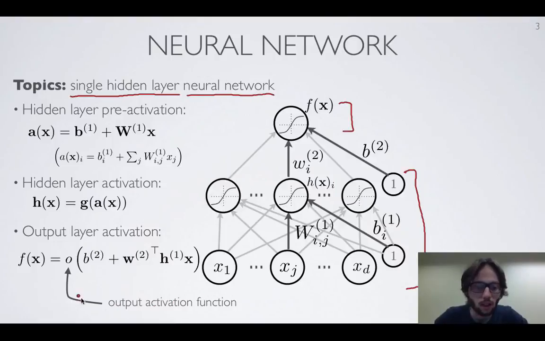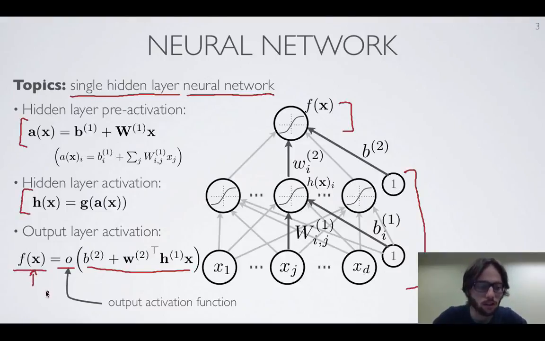Now, can we actually show anything formal about that? In other words, if we assume that we have a function f of x that takes this particular form, that computes a hidden layer pre-activation, applies an activation function, computes an output linear combination, so linearly combining the hidden representation of the input, and then applying some activation function at the output, to have a function that performs all of these transformations.